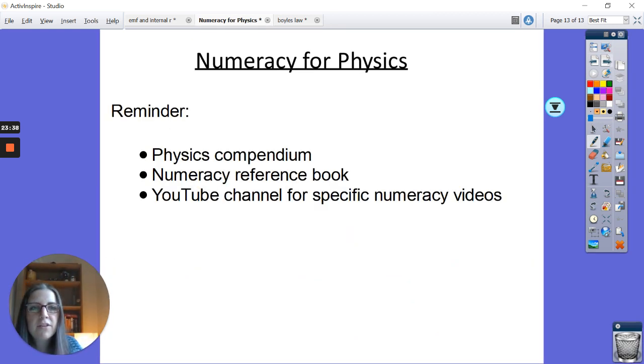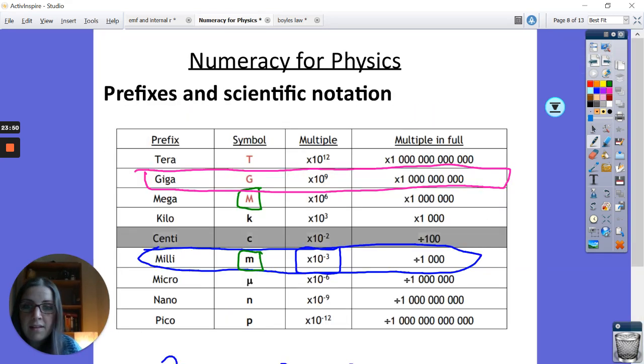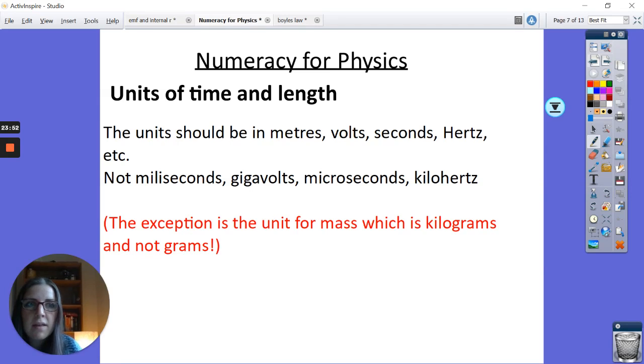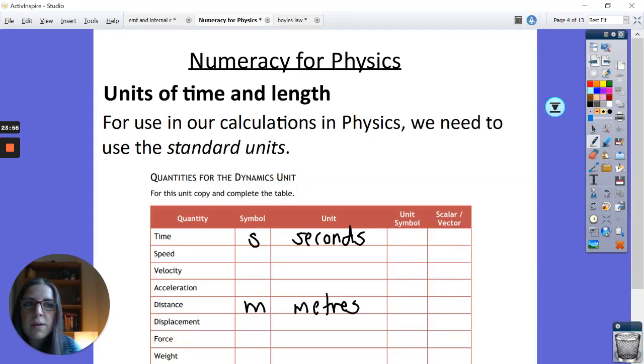Hopefully you found that video useful. A couple of resources that might help you in future: we have a physics compendium, which is what I show in this slide here actually. This is from your compendium, and this is from your compendium as well.